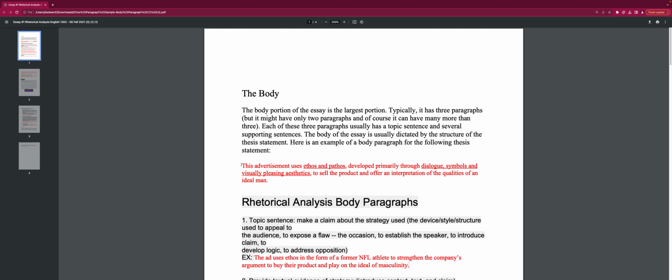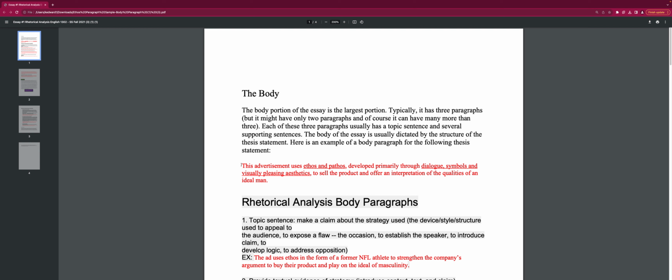Picking up from the same examples that we used in the last video, we're continuing to write the body over the ad, "The Man Your Man Could Smell Like." If you need to pause this video at this time and go back and watch that infomercial on YouTube, you can go ahead and watch it. Pull it up again just so that you understand what's being discussed in this body paragraph section, okay?